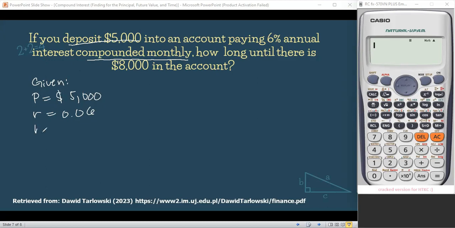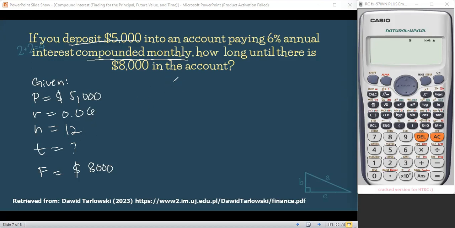So since monthly siya, n is equal to 12, how long? So time po yung pinapahanap sa atin. How long until there is $8,000 in the account? So ibig sabihin po, itong $8,000, ito po yung future kasi ito po yung ina-expect natin. So gaano katagal daw po natin makukuha yung 8,000 kapag mag-i-invest tayo, magde-deposito tayo ng $5,000.